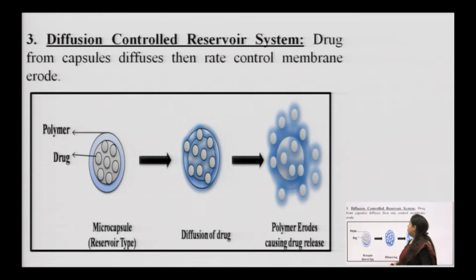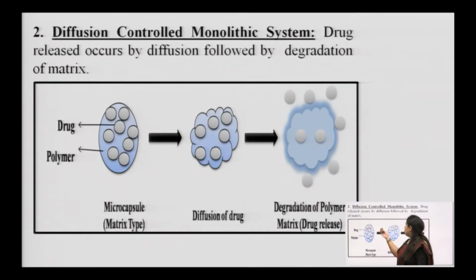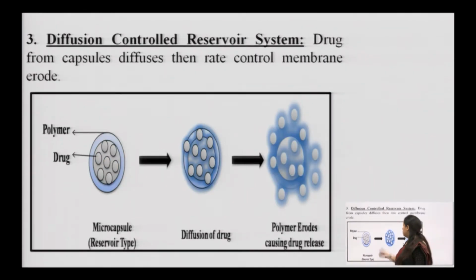Next, the diffusion controlled reservoir system. In this you see the matrix form of the microsphere. For the reservoir type you see a double layer polymer membrane, or a thick membrane of polymer. The drug is encapsulated in the reservoir type of microsphere formulation and is diffusing out through the reservoir slowly.